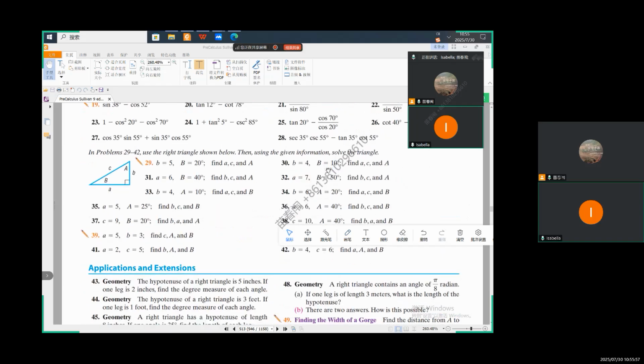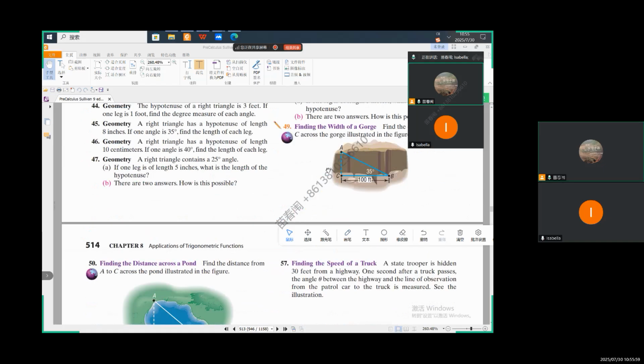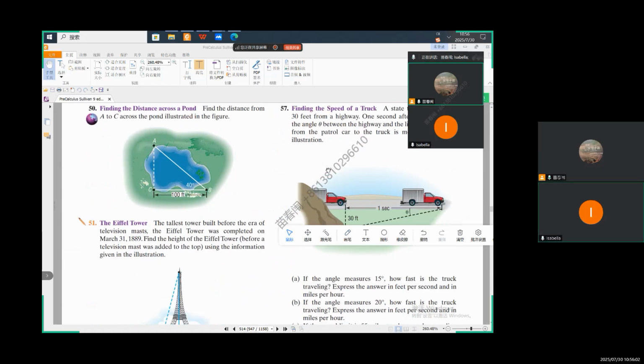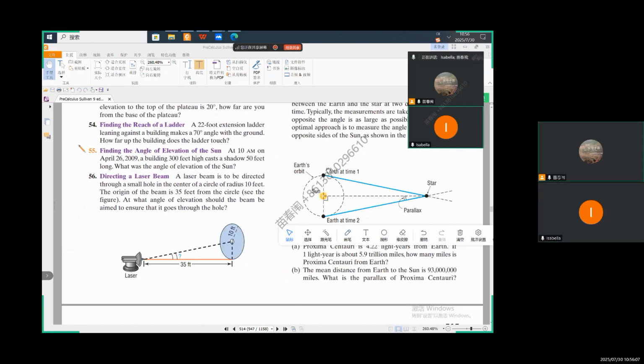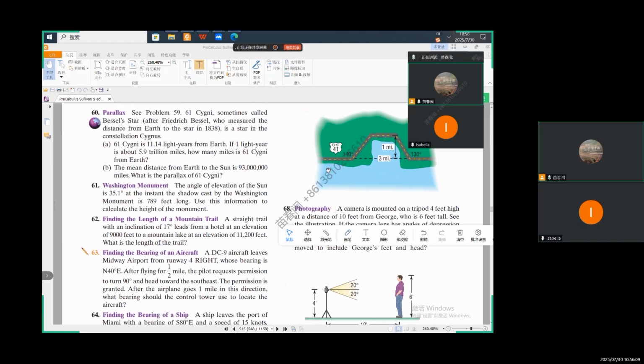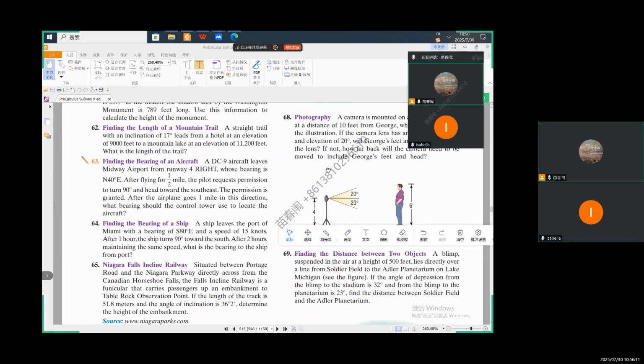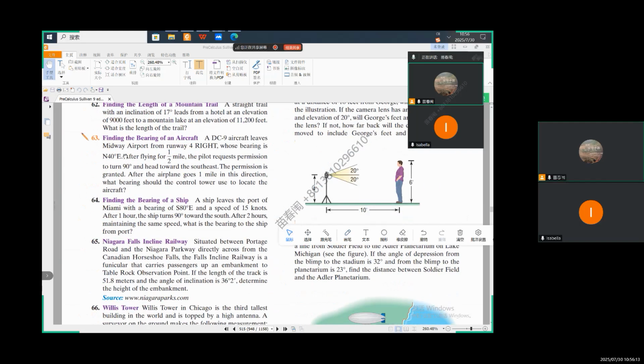Yeah, a little bearing question then. Question 63.